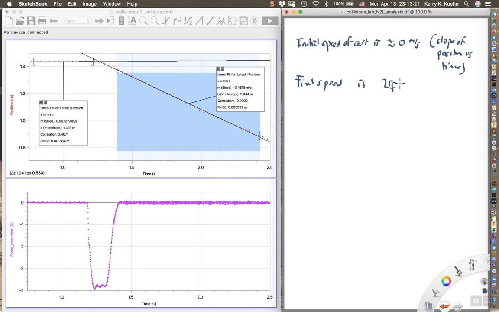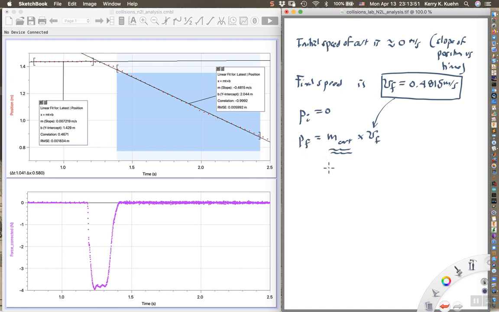So V final is 0.4815 meters per second. In other words, the momentum initial is equal to 0, and the momentum final is equal to the mass of the cart times the final velocity, and the final velocity was 0.4815 meters per second. So I'll plug it in right there, and using the mass of the cart, which I'll have to mass, I can find the final momentum.